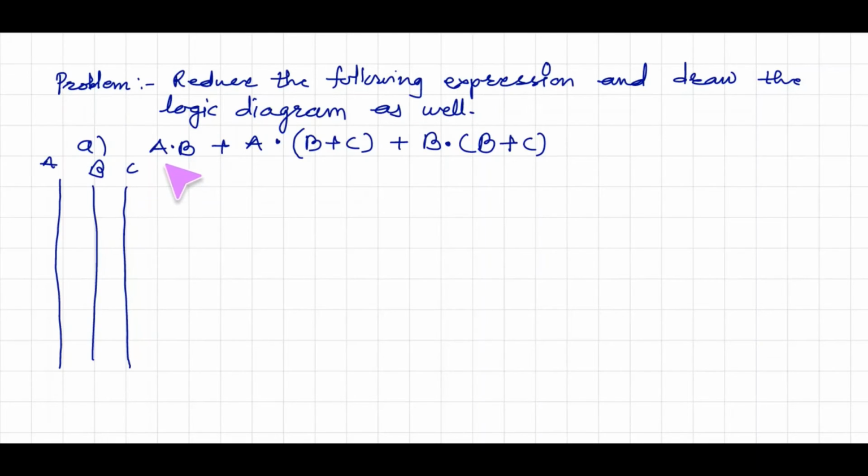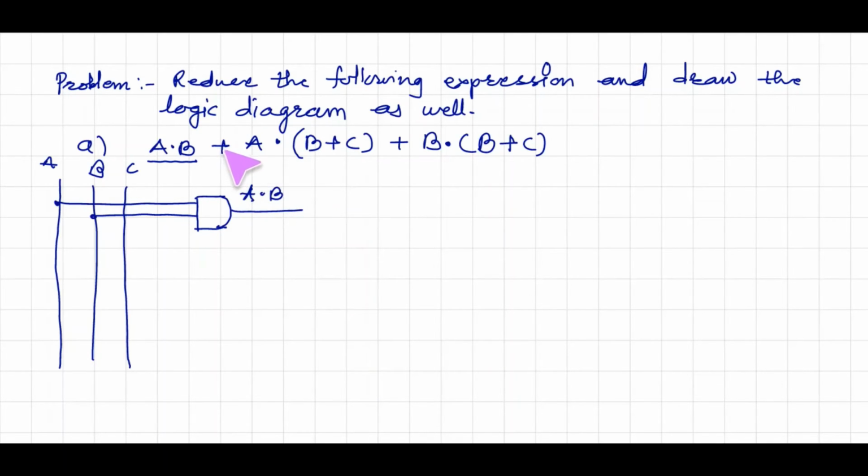A part of the expression is a dot b, that means obviously this operation needs an AND gate, to which one input is a, another input is b, and obviously its output is a dot b.